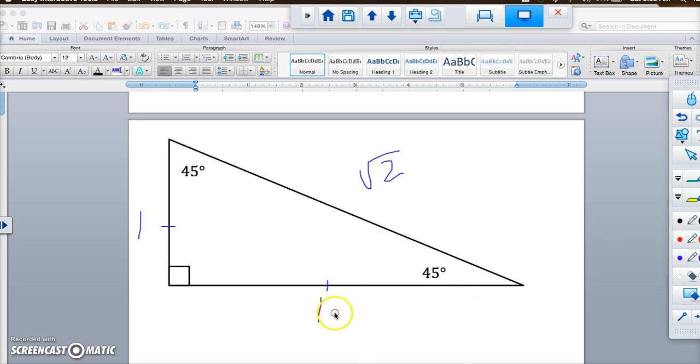But just like in the 30, 60, 90, the rule is going to be this side is 1x, this side is 1x, and this side is x times the square root of 2. So if I say this side is 3, it's going to make this side 3, and that's going to make this side 3 square root of 2.